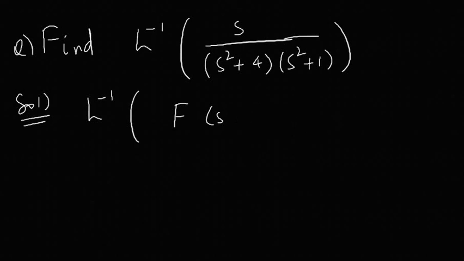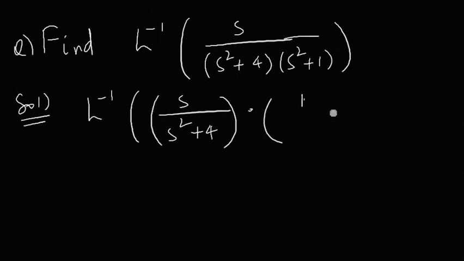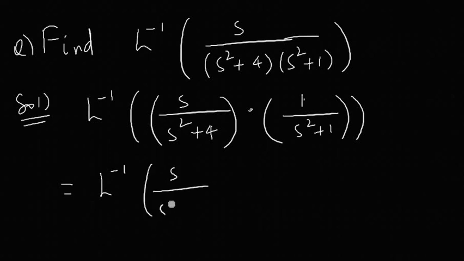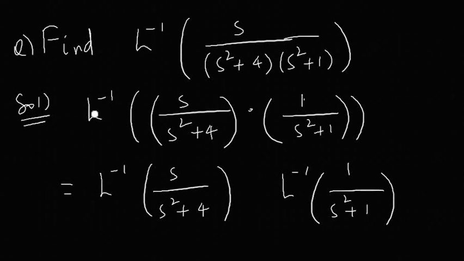So what I now do is, I'll split it like this, as s by s square plus 4, this complete, into 1 by s square plus 1. Now L inverse of s by s square plus 4, and separating this into two functions like this, s square plus 1, the inverse of this product is, whatever functions the inverse transforms give, you have to perform the operation of convolution here.